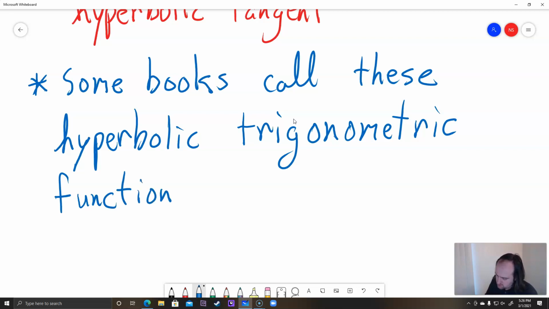And I'm going to put trigonometric in quotes, because technically they aren't trigonometric functions that we're used to, like sine, cosine, and tangent, but they have practically a lot of the same properties, as we've already seen from those identities. But our book just calls them hyperbolic functions, but those mean the same thing.